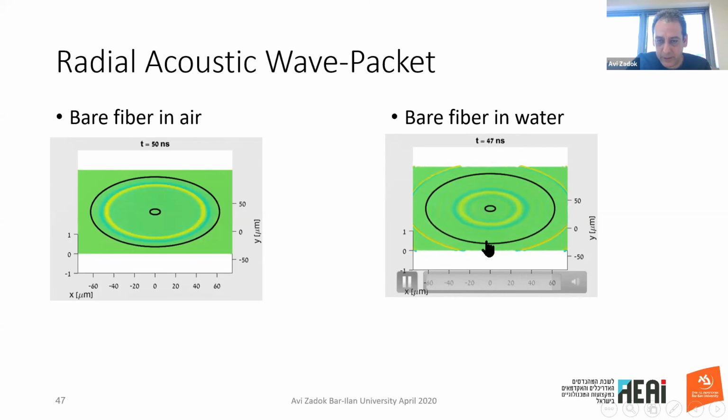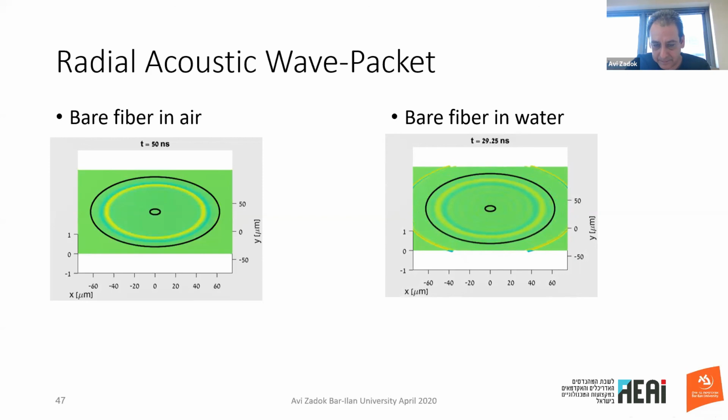And if we were to monitor, I'm just going to show this one more time. If we monitor these decay processes, if we monitor these decay rates, we should be able to conclude what is outside. If the elastic properties outside the fiber are in better agreement with the fiber itself, there will be larger dissipation, there will be faster decay, and so on.